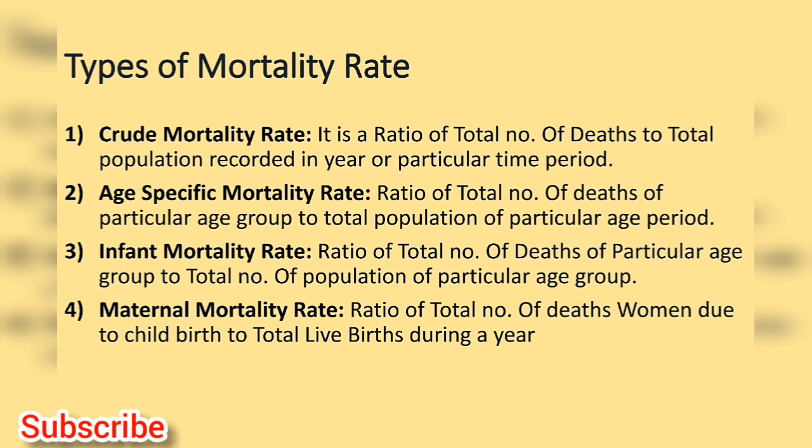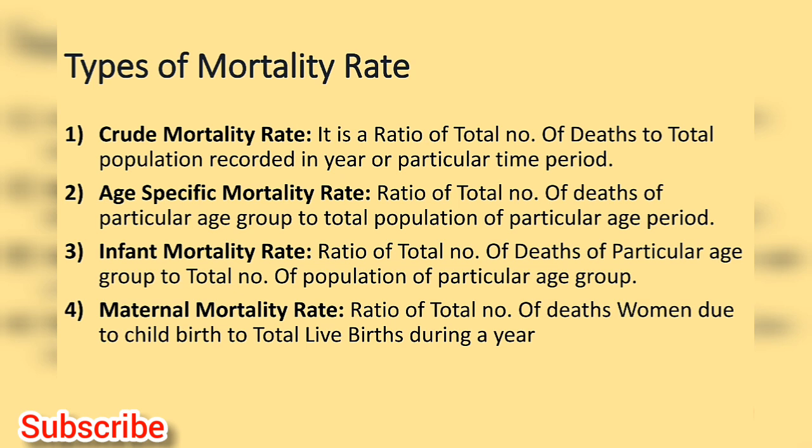Now the fourth main type of category is maternal mortality rate. The maternal mortality rate is basically a ratio of total number of deaths of women due to childbirth to total live births during a year, multiplied by 1000.